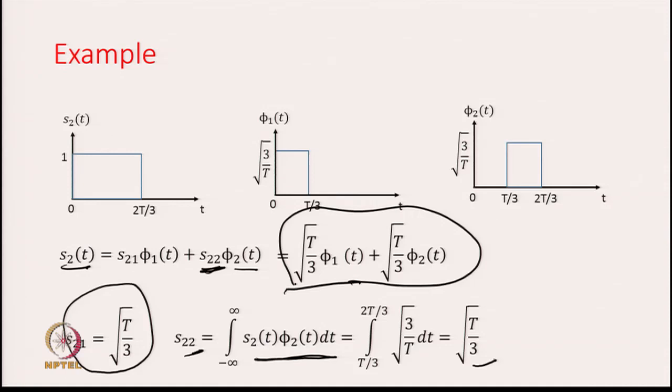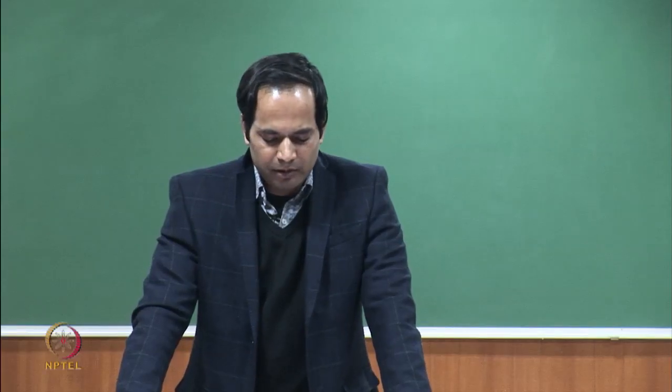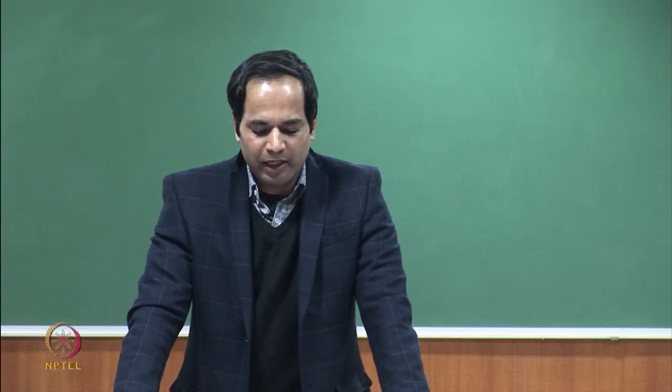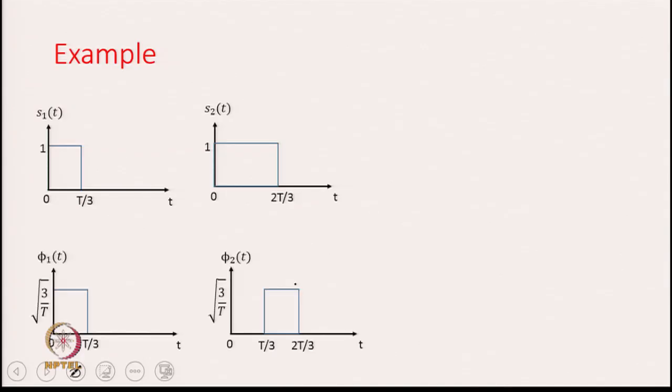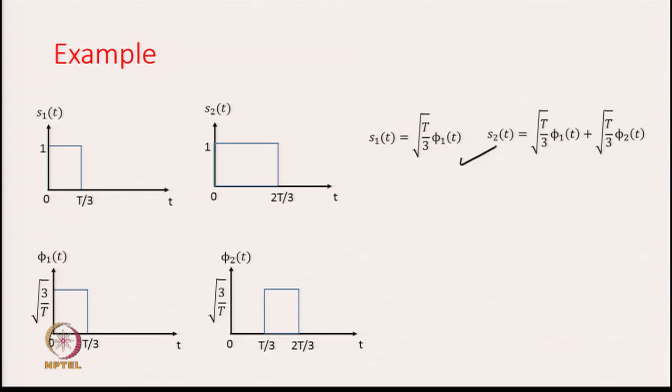Let us now try to wind up this issue. So, we started with S 1 t and S 2 t. We easily derived the expressions for phi 1 t and phi 2 t, and we have said S 1 t is this and S 2 t is this.